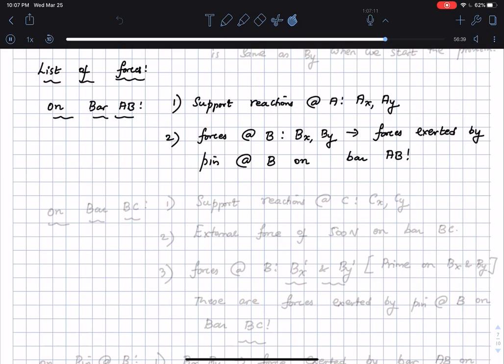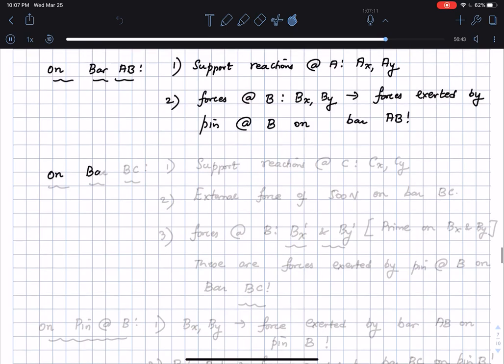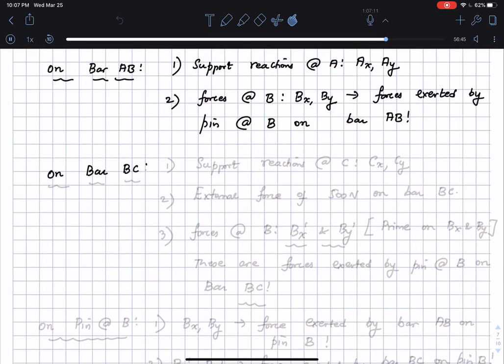Okay, then I go to the next bar. Okay, so on bar BC, what are the forces? I have support reactions at C. As you can see, I have support reactions at C, which we will call CX and CY.